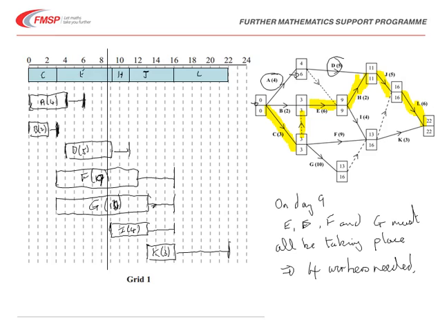The actual mark allocation for this part of the diagram was actually quite complex in terms of how you get these, but there was a method mark for getting at least 10 of the activities correct, and then answer or accuracy marks for the critical path at the top, and then 2 more depending on how many of these that were correct.